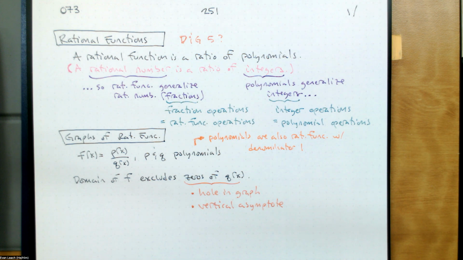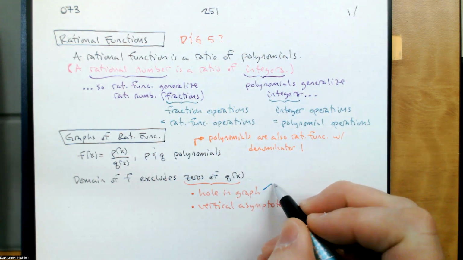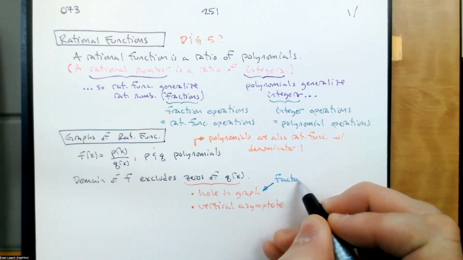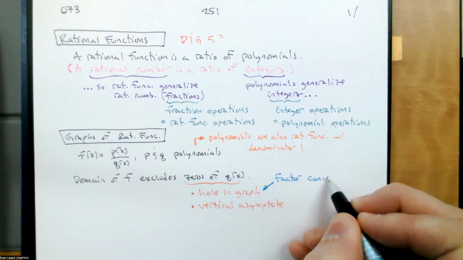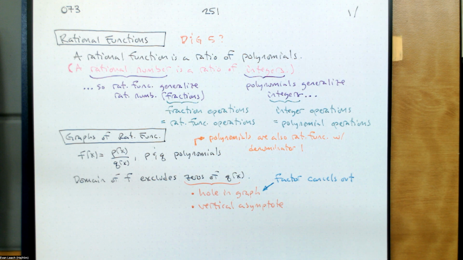We get a hole in the graph if the factor that produces that zero cancels out. We get a vertical asymptote otherwise.